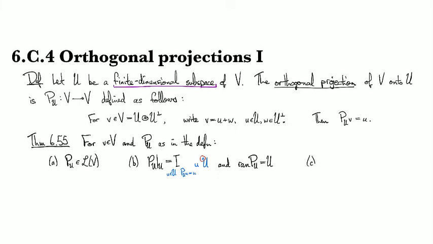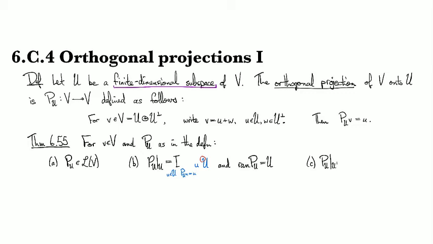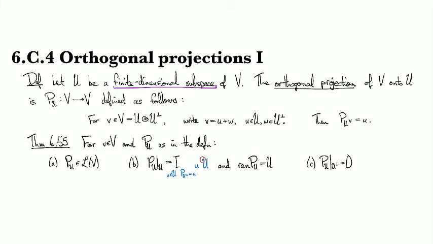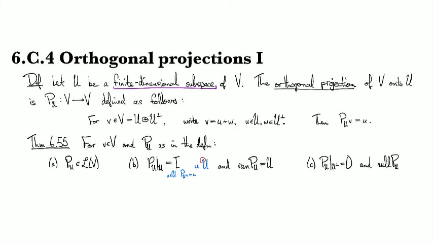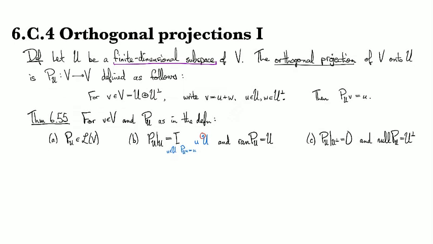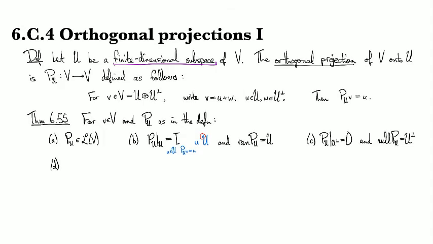And what else do we know? We have that the projection onto U operator, if we restrict it to U perp, then we actually get the zero operator. So it kills anything in the orthogonal complement of U. Along with that, we see that the null space of the projection onto U is exactly U perp. So those kind of go together. This numbering of the parts of this theorem is different from what's in the book, because I grouped a couple of those together.